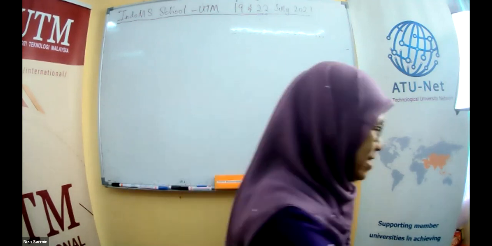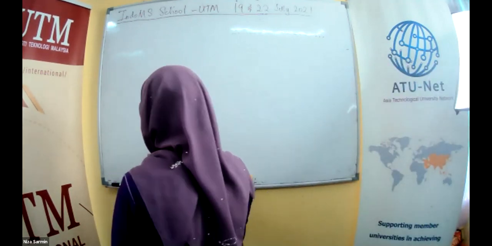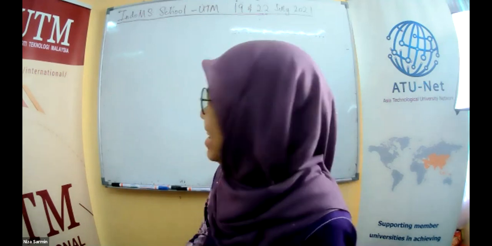Okay. All right. If you remember last class, we went through some of the basics of groups. If you still remember, you tell me what are the names of the groups. So, Nidia, since you are the moderator and the class monitor, everything.